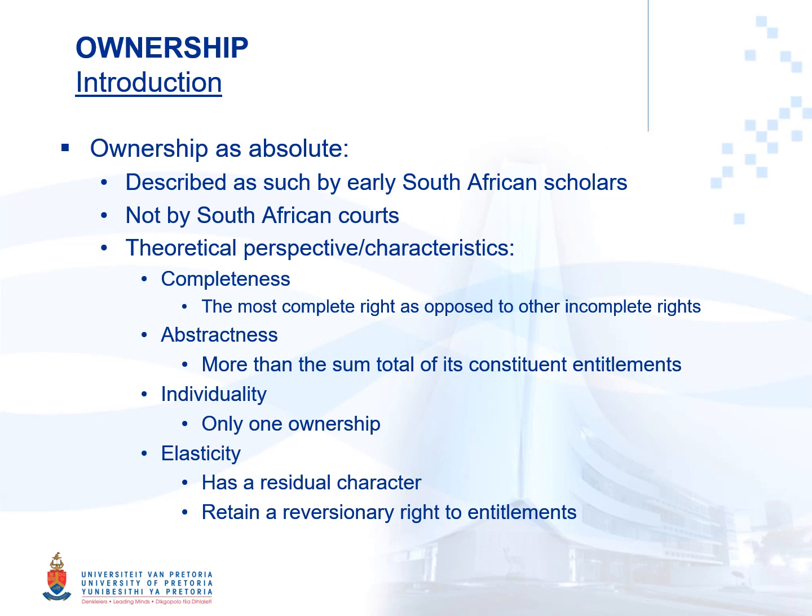Rather, it is more appropriate to refer to ownership as complete, abstract, individual, and elastic, instead of referring to the pandectist view of ownership when saying that ownership is absolute. Moreover, limitations are accepted to be part and parcel of the common law concept of ownership. This has been confirmed in the most authoritative definition of ownership found in case law, which we will look at in the next slide.